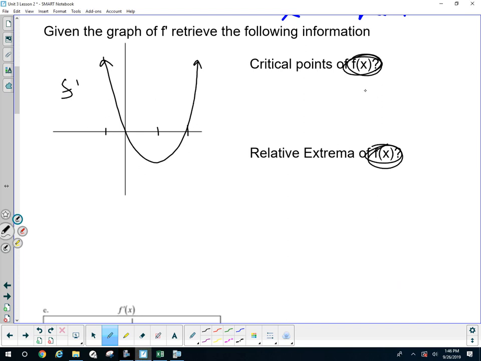Okay, again, the question's about F, but I'm given F prime. Here are positive values of F prime. Here are negative values of F prime.